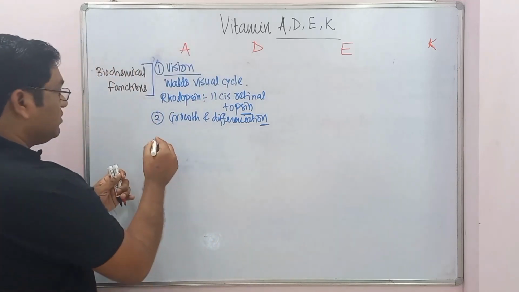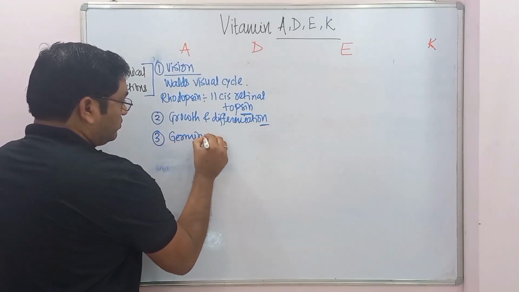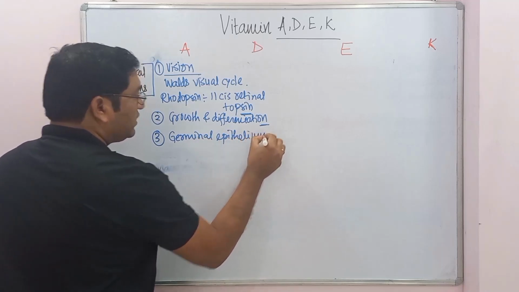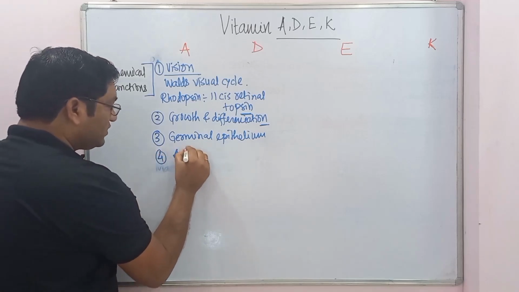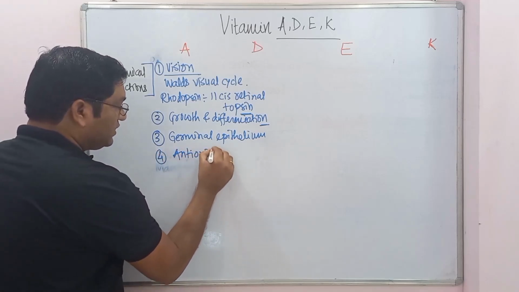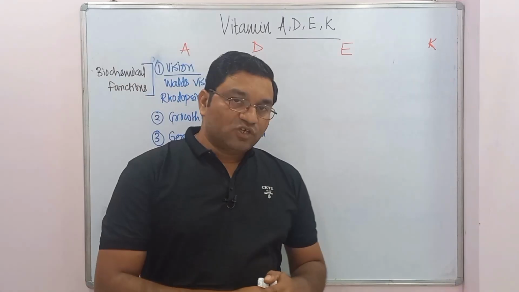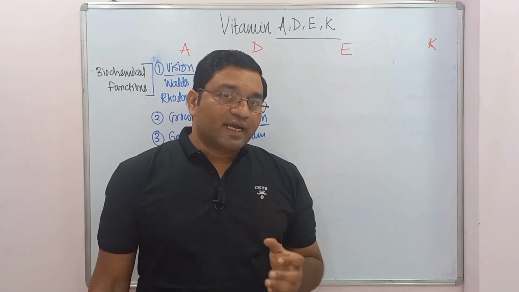Third, it is important in maintenance of germinal epithelium. Then another important function is antioxidant. So it is important in prevention of coronary artery diseases and in prevention of cataract.